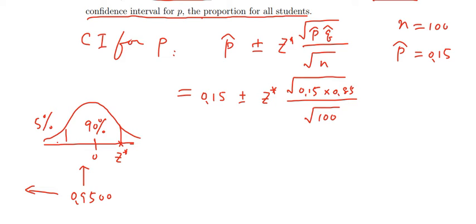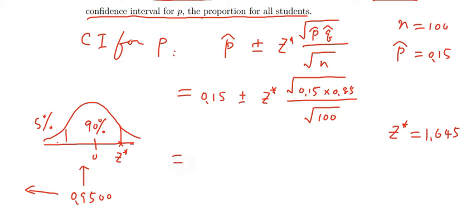This 90% is also a very commonly used percentage, so some tables already give us this z star. I remember this z star equals 1.64, 1.65, or 1.645. Okay, so let's use this 1.645.